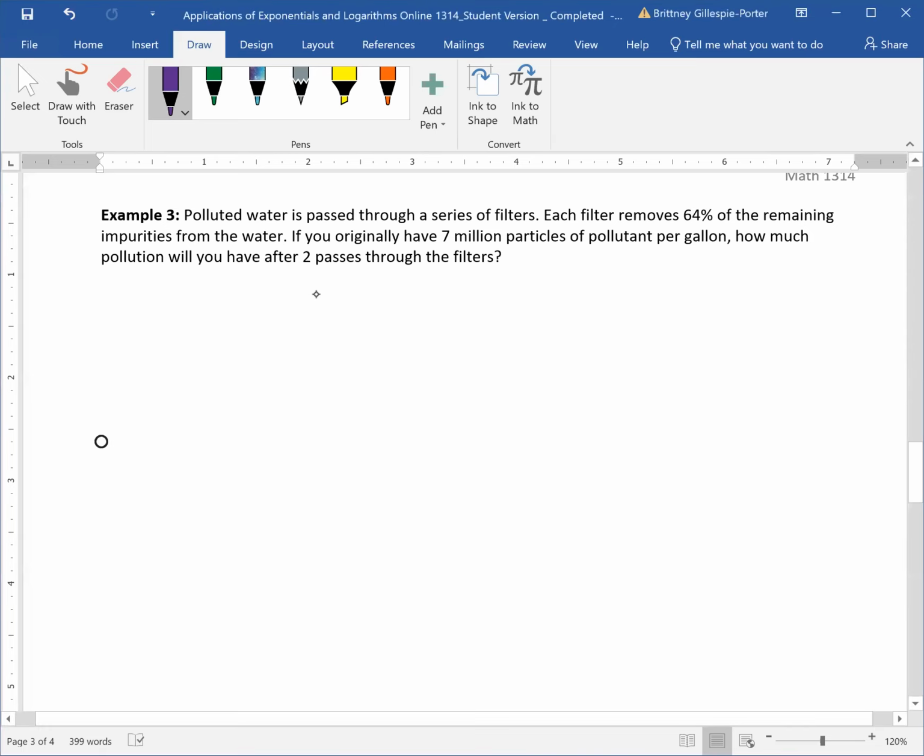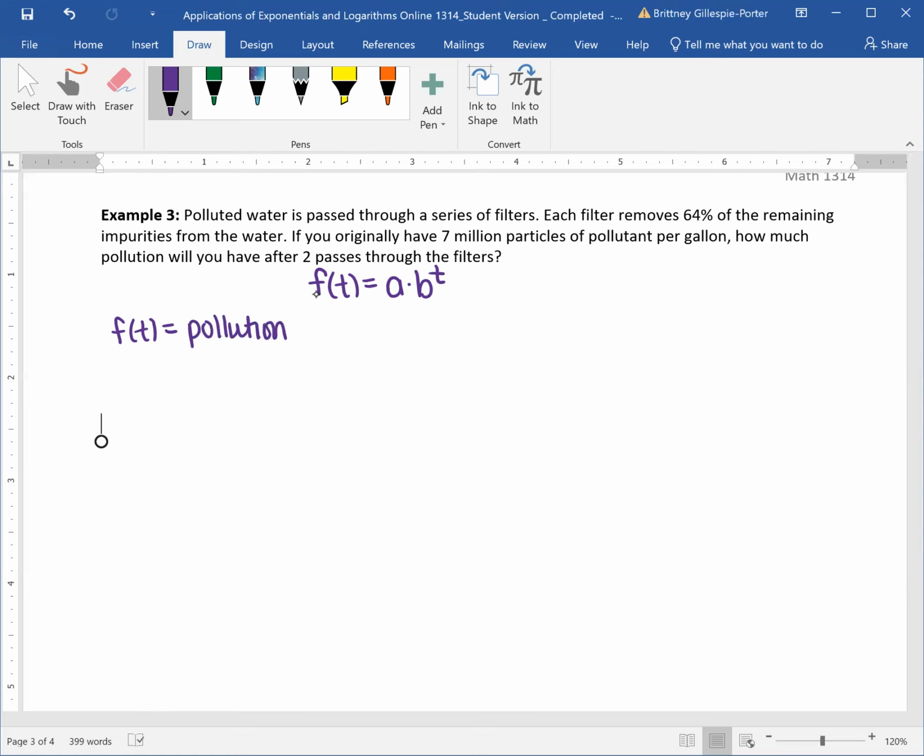When we do our function, f of t equal to a times b to the t, we are going to have f of t as the pollution after t passes.